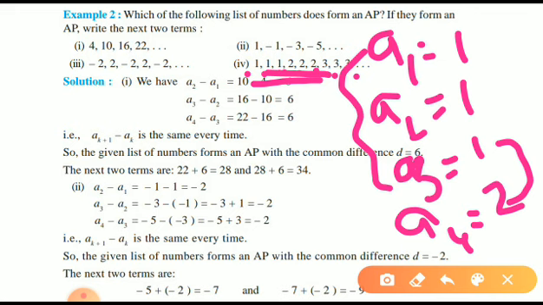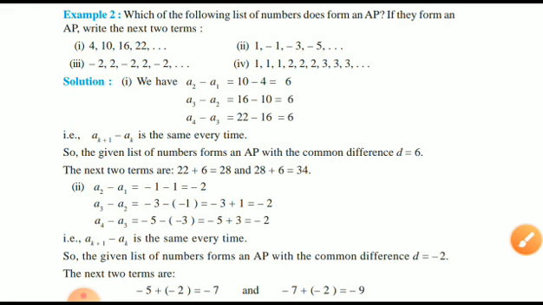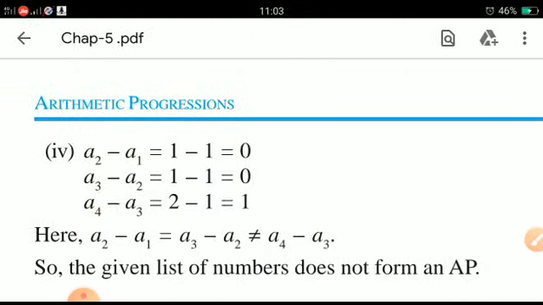Is the fourth sequence in AP? No, it is not. A2 minus A1 is equal to A3 minus A2, but it is not equal to A4 minus A3, and hence the given list of numbers does not form an AP.